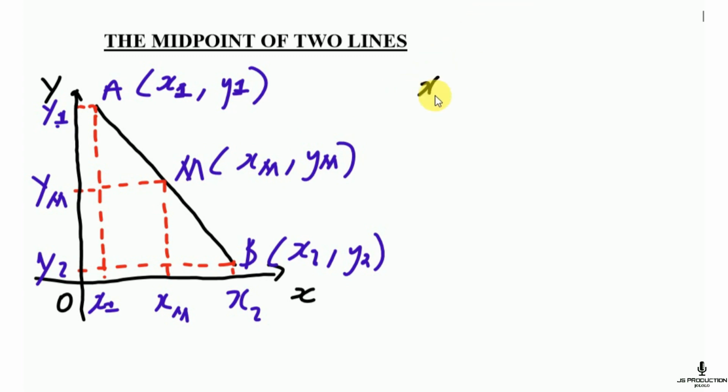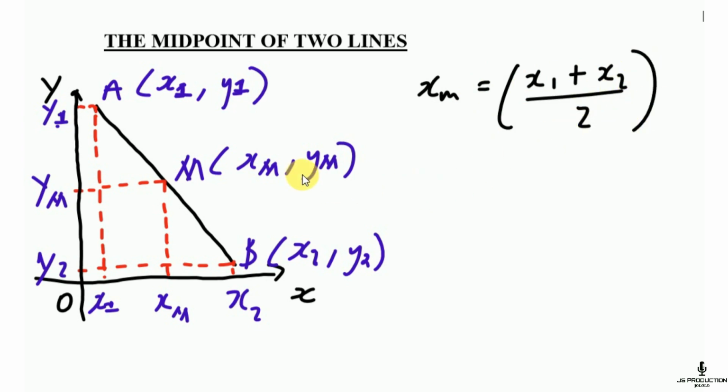So we can say that xm is halfway between x1 and x2. So xm is exactly halfway between x1 and x2. For us to calculate xm, we're going to say xm is equal to x1 plus x2 divided by 2.